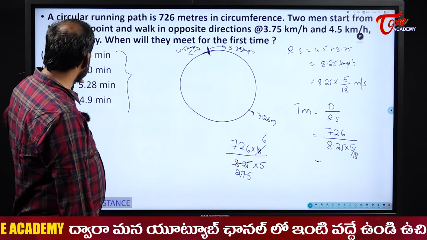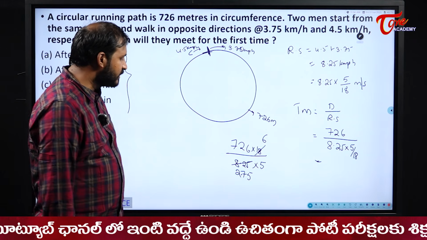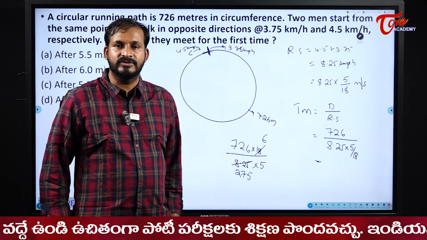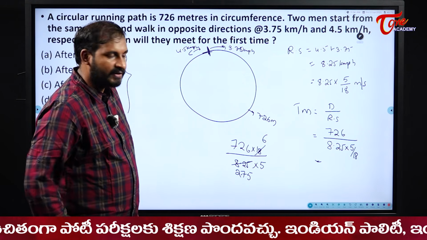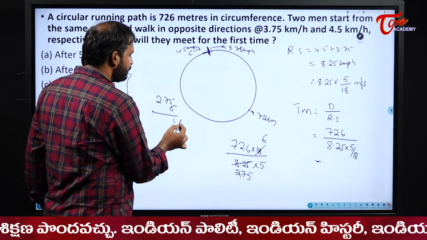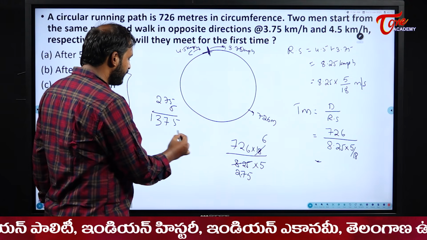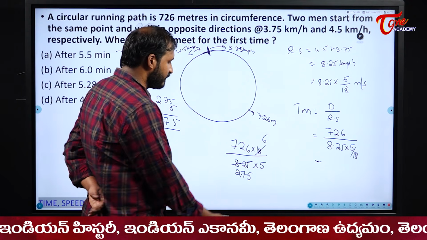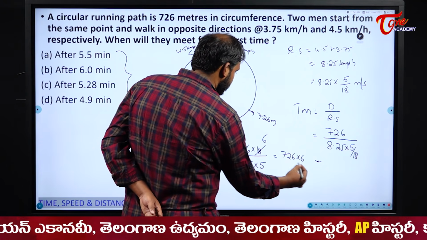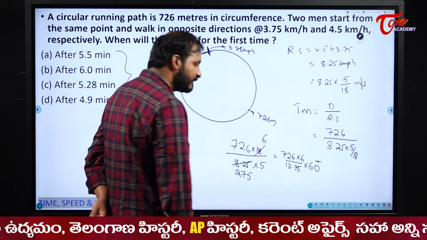But please observe the options, 5.5 minutes, 6 minutes, 5.28 minutes, in decimals. So 2.75 into 5, what does it become, students? Multiplied, it becomes 13.75. So 726 into 6 by 13.75, and if I want to convert it into minutes, I will multiply it with 60.